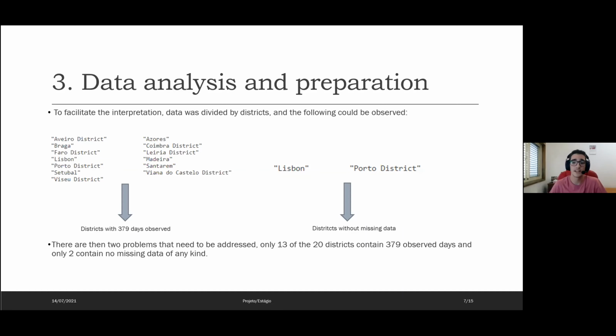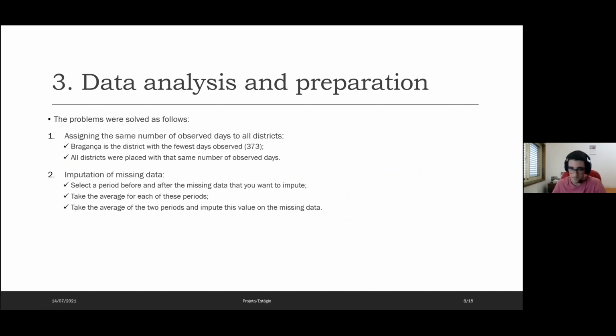It was also analyzed how many of these districts do not contain any missing data. There are then 2 problems that need to be addressed before proceeding. As you can see in the first photo, only 13 out of the 20 districts contain 379 days observed, and only 2 out of 20 contain no missing data of any kind.